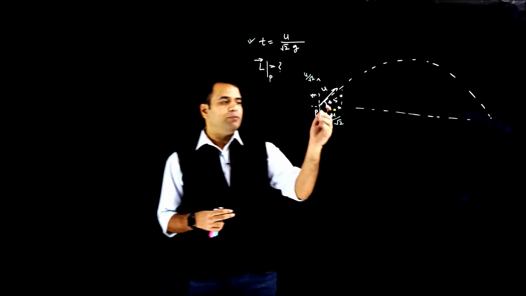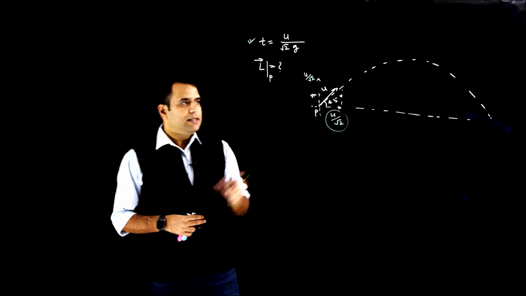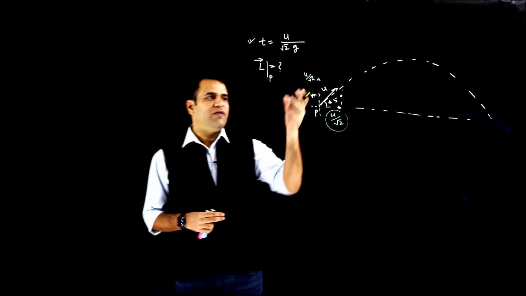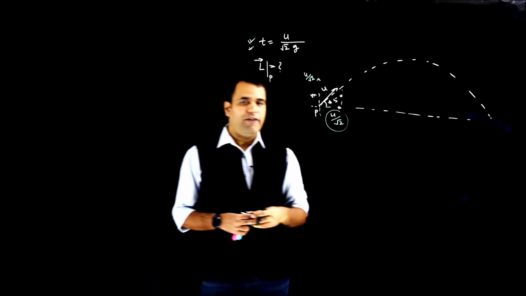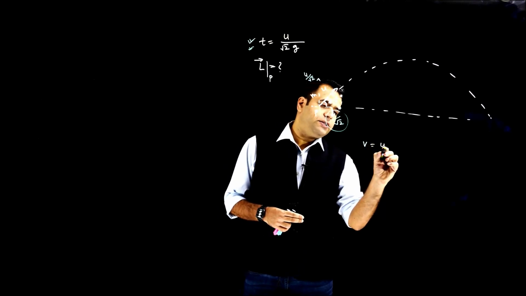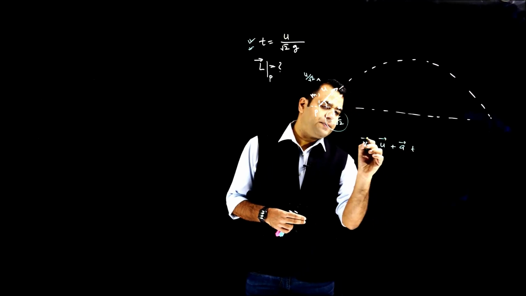So that will be the component. The horizontal component during the parabolic motion remains the same. It does not change. The vertical component keeps changing. So first we want to calculate the vertical component after this much time. For that, let's use the first kinematical equation, v equals u plus at, in the vertical direction.